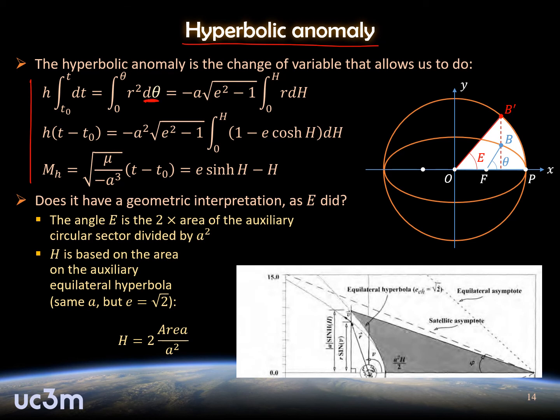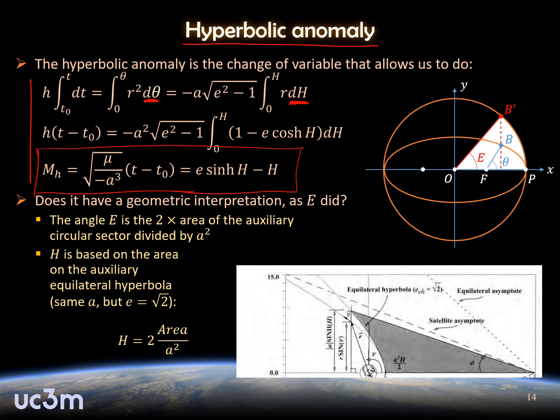What we have to do is find an expression for the differential of theta in terms of the differential of H. So one would take the expression of the cosine of theta in terms of the hyperbolic anomaly, take derivatives there, and eventually one can find this change of variable. Once we have that, it is possible to integrate it, and the final result is Kepler's equation in the hyperbolic case, which we obtained before.